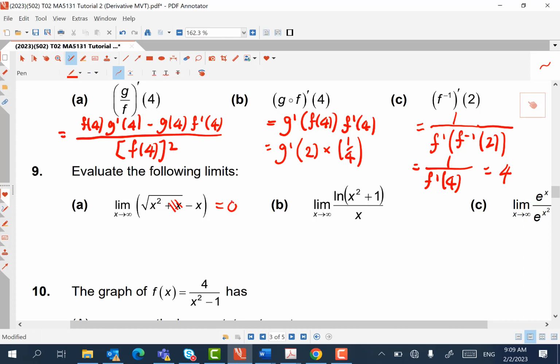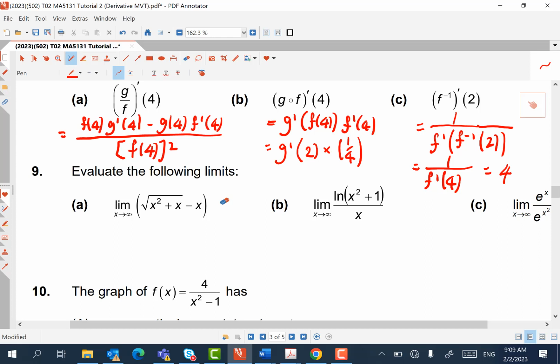This question will prove us wrong. Can you all now try this question and then see that it is not 0? Who has done it apart from Wen Yu? Wen Yu has done everything, right?